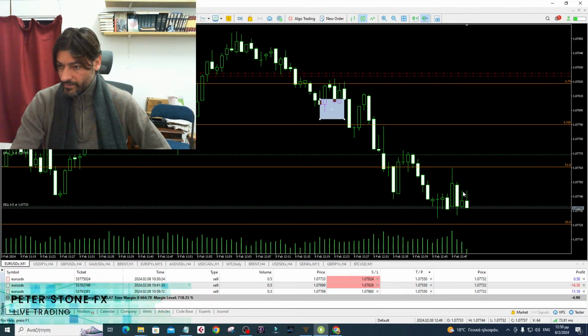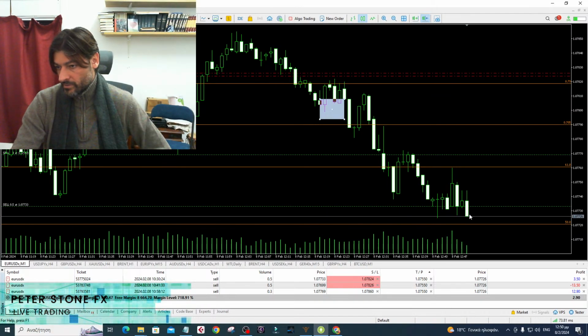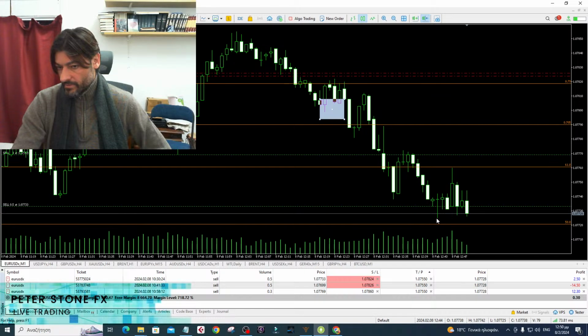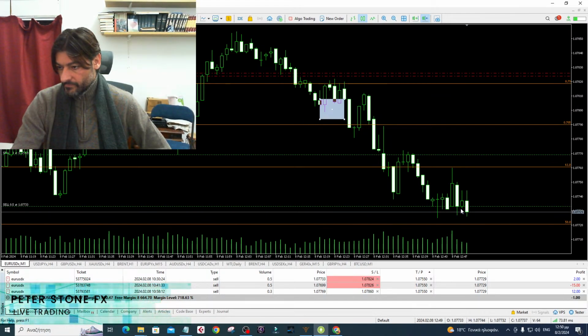So as I said here, this week will not surpass this area and it will go almost to the mid threshold, but it went lower than that. And now the other candle is breaking this low. It broke the bodies of the candle and it's breaking now this low also.